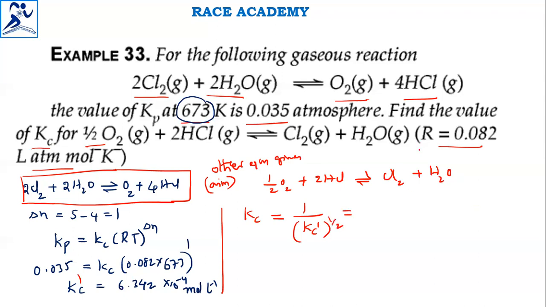In such a case, this Kc value obtained will be 1 by, see what is the Kc value first we have obtained, that is 6.342 into 10 to the power of minus 4, and that will be liter per mole.